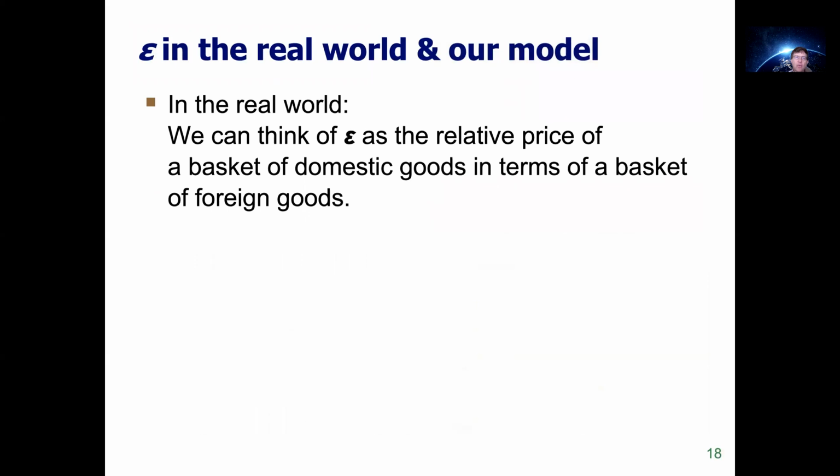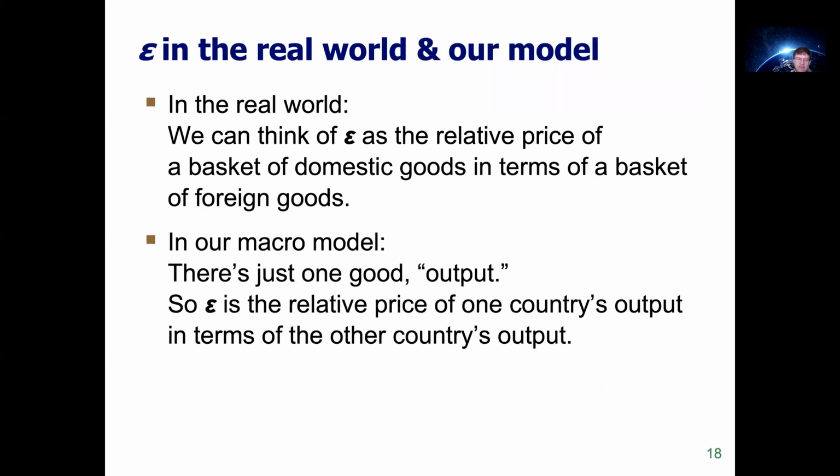Okay. So we can think of the real exchange rate, epsilon, as the relative price of a basket of domestic goods in terms of a basket of foreign goods. We don't really use a basket of just Big Macs. We have a lot of other things.